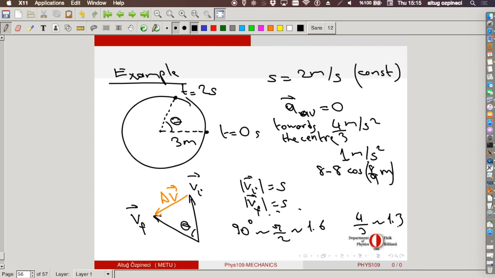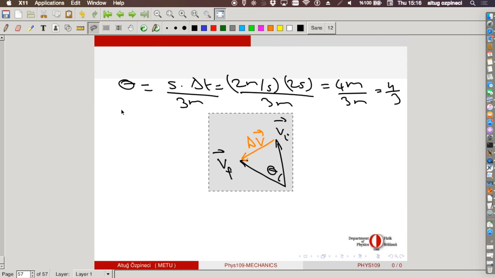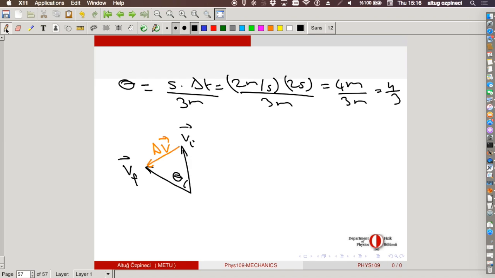Now, what is delta V? Let's just imagine this line that divides this angle into 2. This is 2/3, this is 2/3.